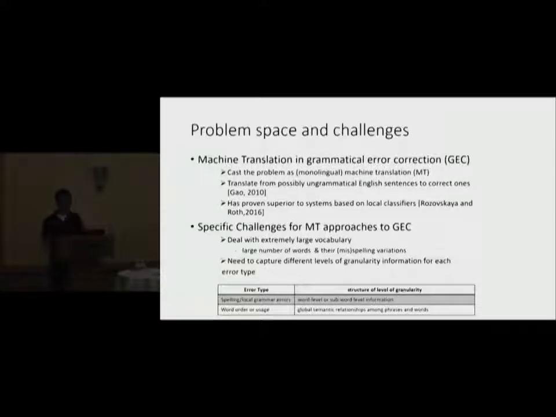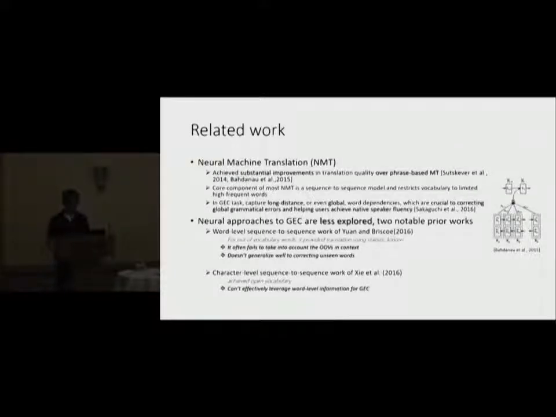For example, for misspellings and local grammar correction, you need to capture word level and sub-level information. And for word order or usage, you also have to capture global semantic information.